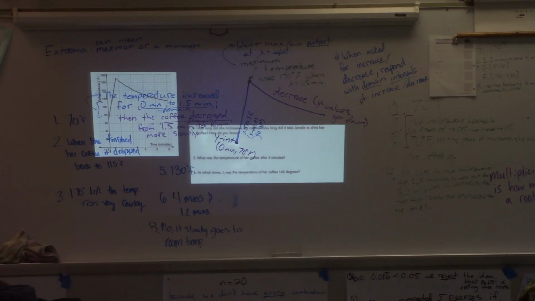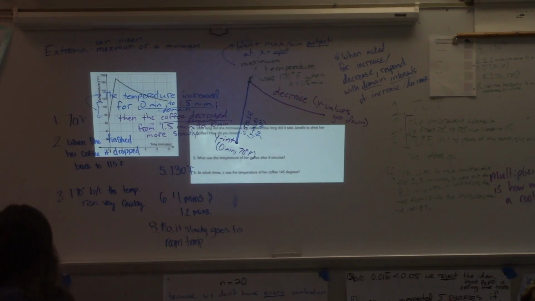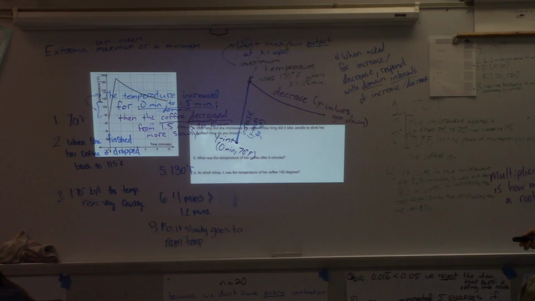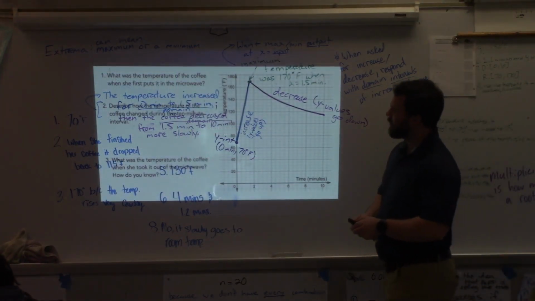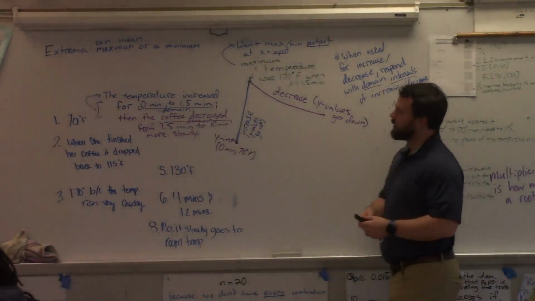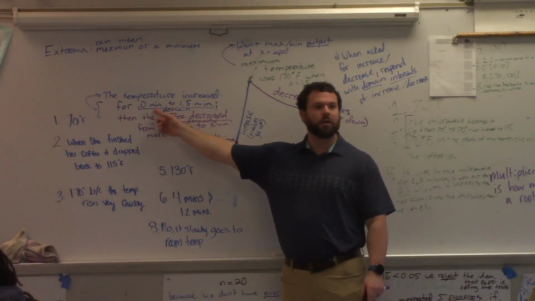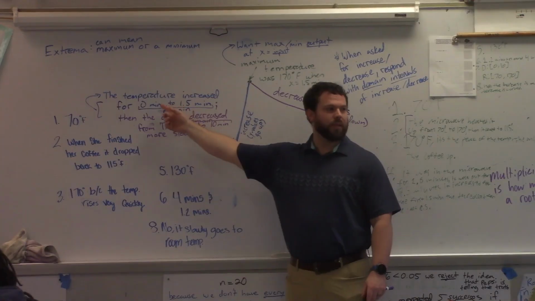Number 4, how long did she microwave the coffee and how long did it take her to drink the coffee? She put the time in like 2 minutes. It wasn't quite 2 minutes. Finished it 10 minutes later. Well, so remember, how long did it take her to heat up the coffee? 1.5 minutes, right?